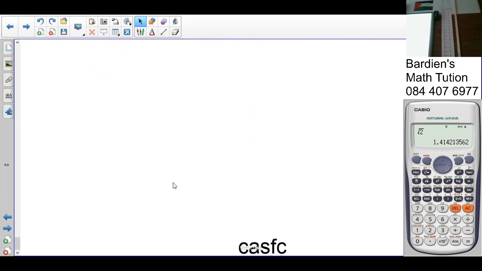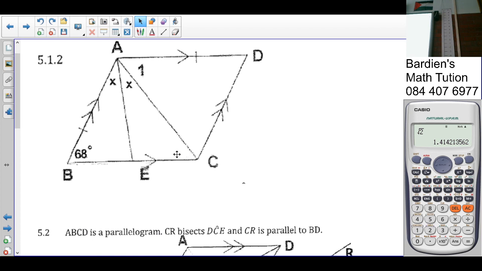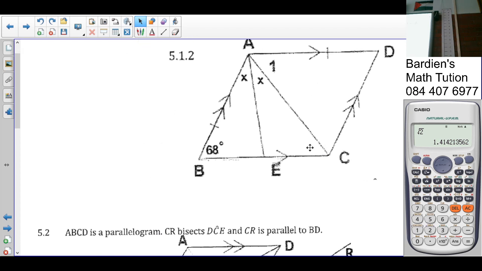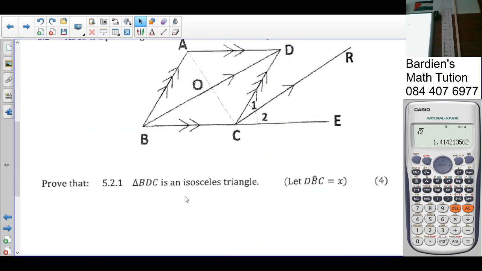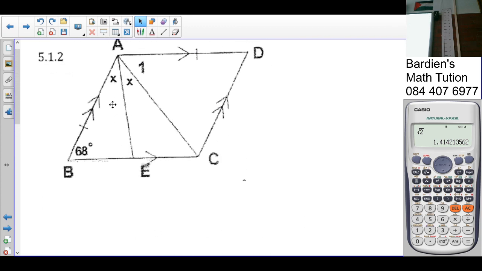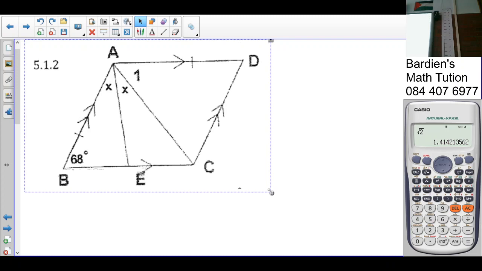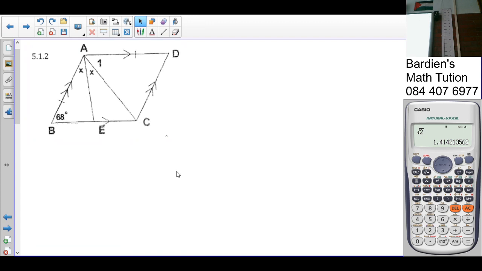In number 5.1.2, again to solve for x here. So what do we do here? I'm going to calculate x here.